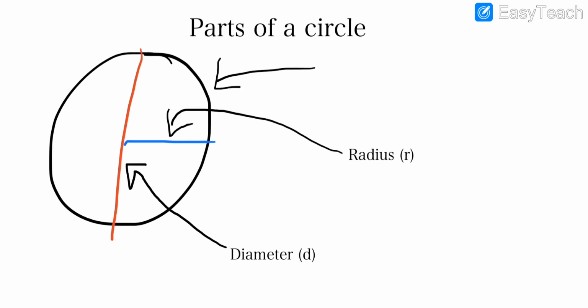Okay. And then this black line we would call the circle is actually called the circumference. Okay, that's the distance around the outside of a circle. You could think of it like perimeter, except with perimeter, we're talking about an object that has sides. Obviously, a circle doesn't have sides, so we call that a circumference.